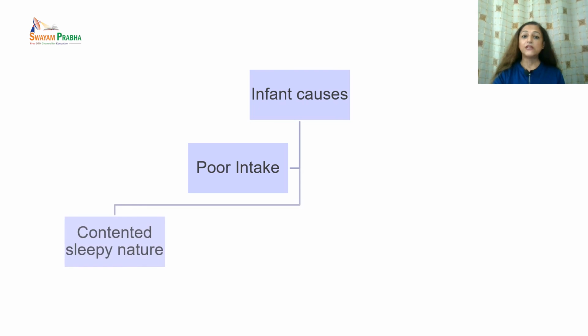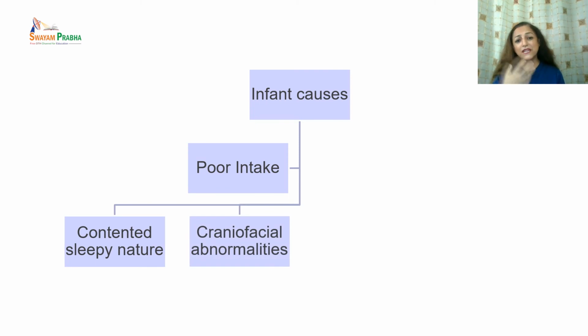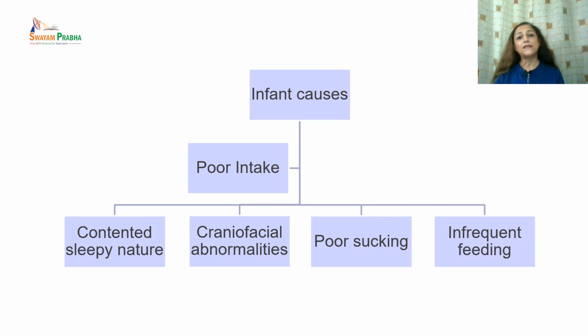It could be that the child is of contented nature and sleepy, and doesn't take a sufficient amount of milk, or there could be some craniofacial abnormalities and the child is not able to take milk because of that, or it could be because of poor sucking position. And if the mother is not feeding the child frequently, all these factors lead to poor intake of milk.